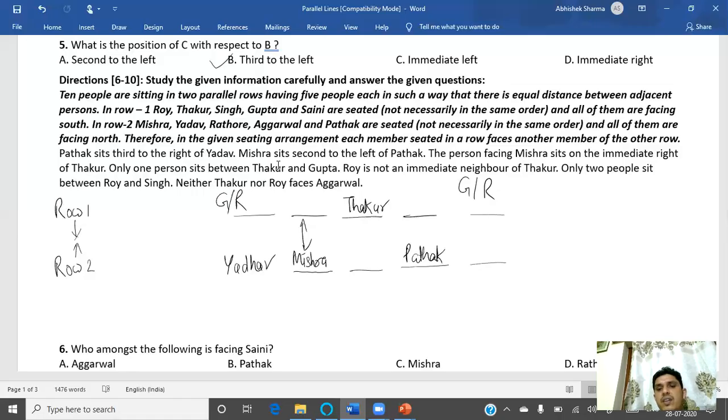Okay. Thereafter he is saying that neither Thakur nor Roy faces Agrawal. That means Agrawal cannot be here, but Agrawal can be here. Only one place is left for placing Agrawal, and he is saying that neither Thakur nor Roy. That means Agrawal is here, so Roy cannot be here.